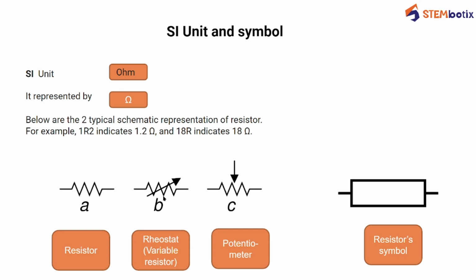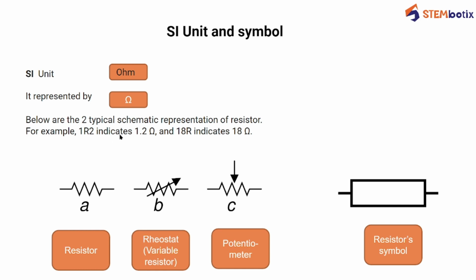But when your resistor is variable or a rheostat, then it has the symbol of an arrow on this particular part. So this is how you can see this is a rheostat or a variable resistor. Whereas when there is a vertical arrow, it will denote a potentiometer. So this is how the symbolic representation of a resistor takes place.